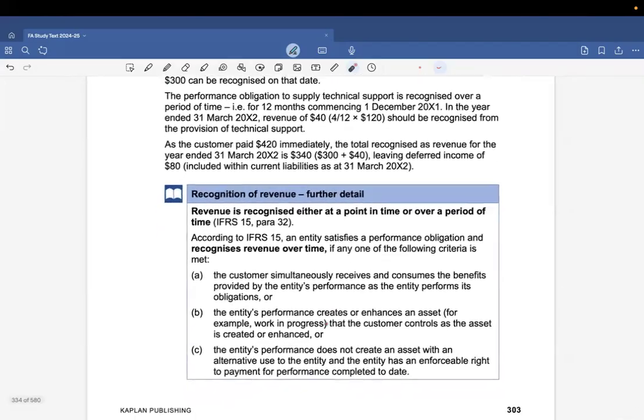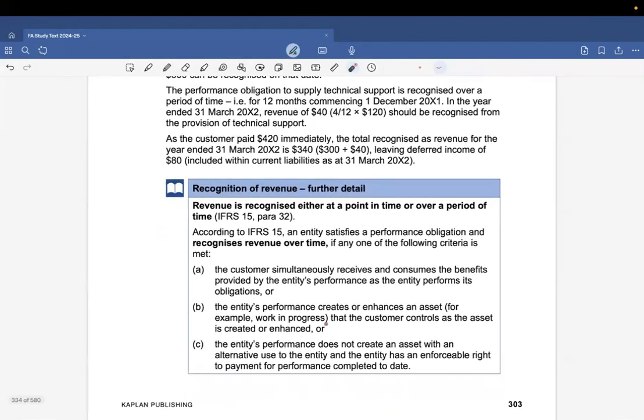Okay. Now, see, every business differs in its operations, right? No business is alike. So the revenue standard has made a concession for it, or the standard has given you some instructions which your business can use, depending upon your transaction. Okay.